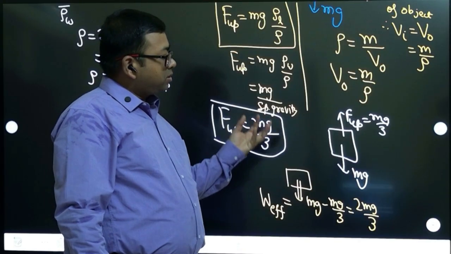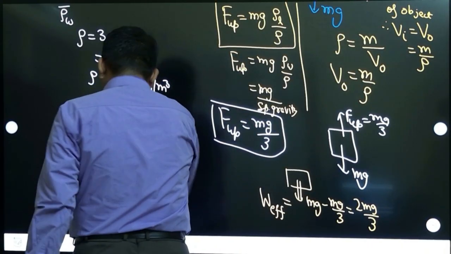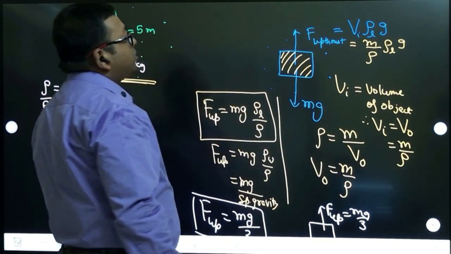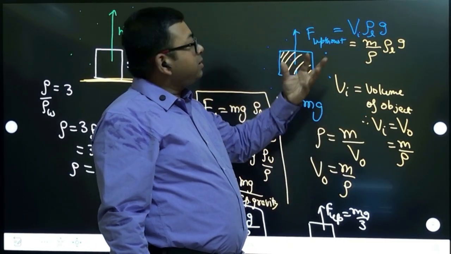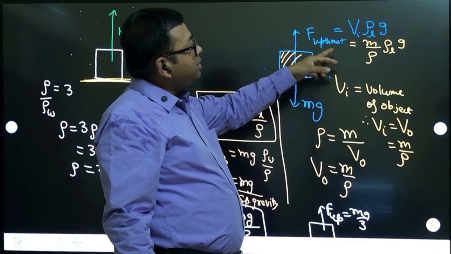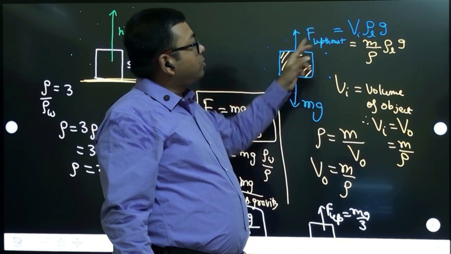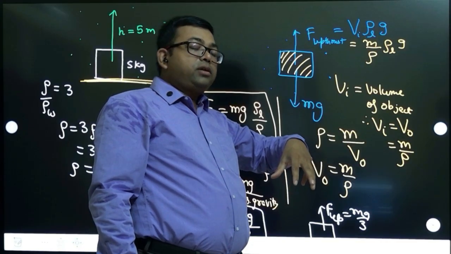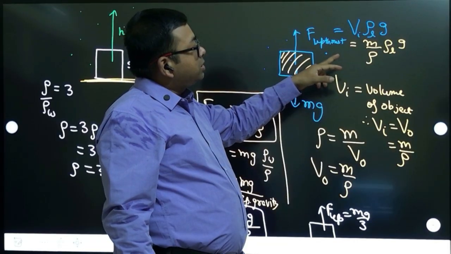So the upthrust formula is Archimedes principle. How much upthrust acts depends on the volume inside, the density of liquid, and g. So volume inside means the total object is inside, so that is the volume of the object times density of liquid.